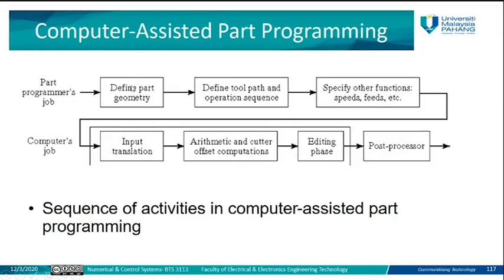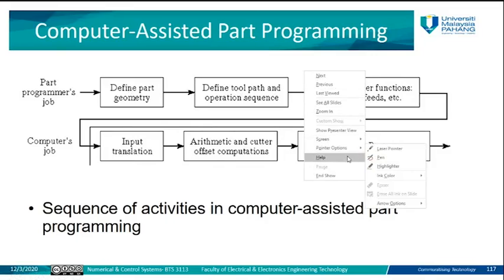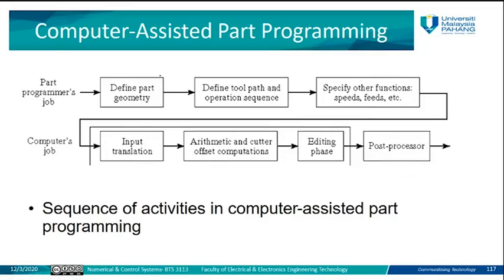So the first three phases, defining the geometry, defining the path, and specifying the functions, will be done by the part programmer. The later tasks will be done by the computer, or by the APT.